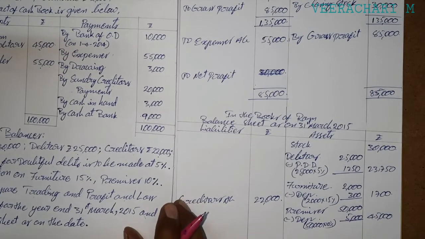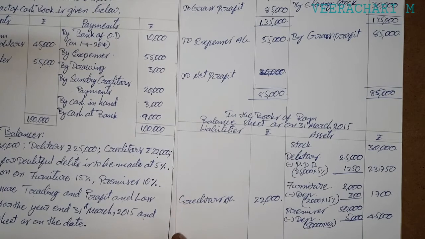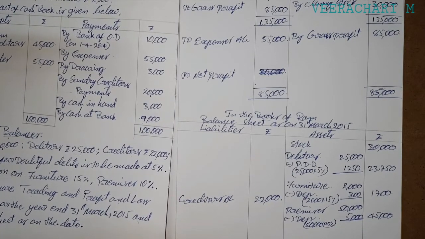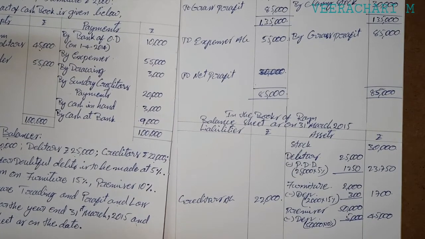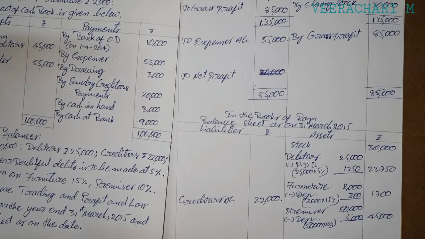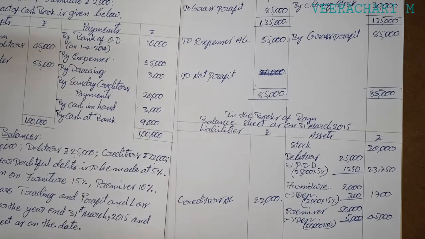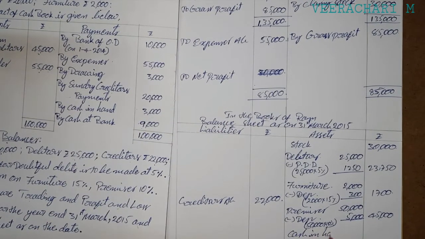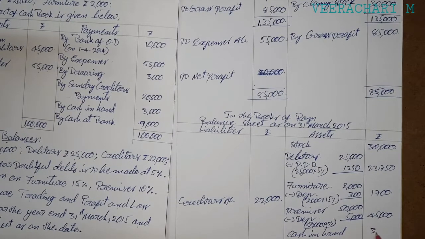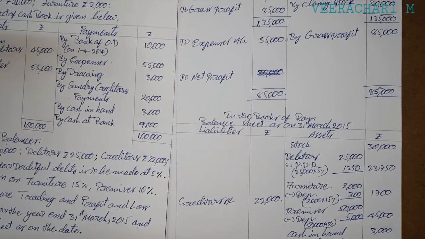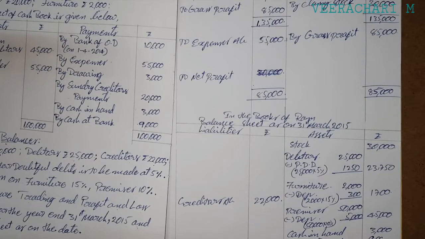Next one, stock already completed. Next, the cash accounts also should be mentioned. Cash in hand, that is 3,000 rupees. Cash at bank, that is 9,000 rupees.